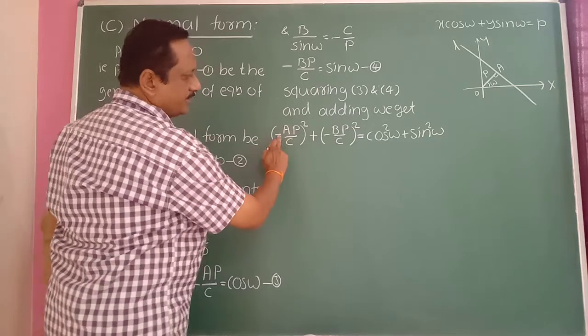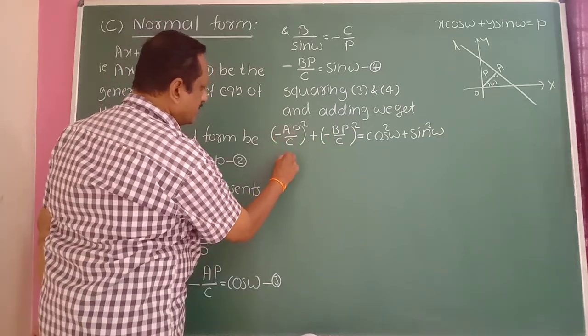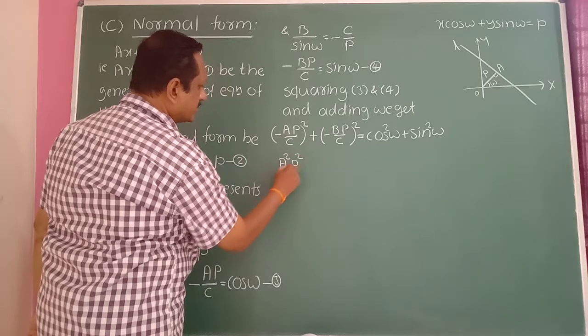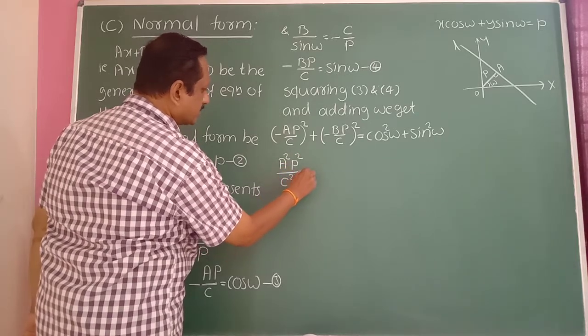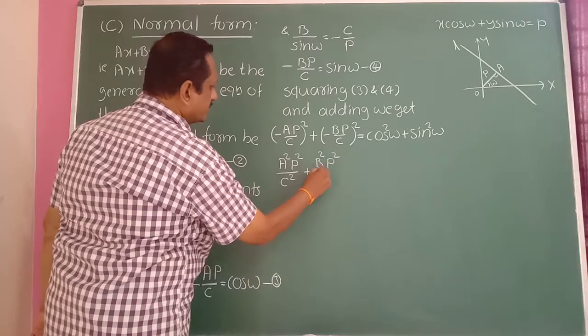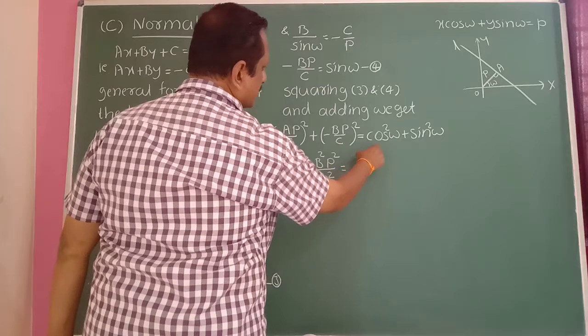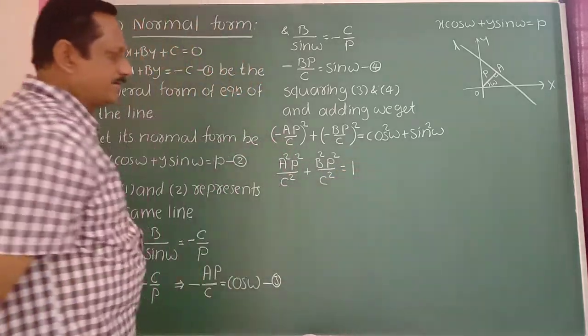Therefore this minus becomes plus, so A square P square divided by C square plus B square P square divided by C square is equal to cos square plus sin square, which becomes 1.